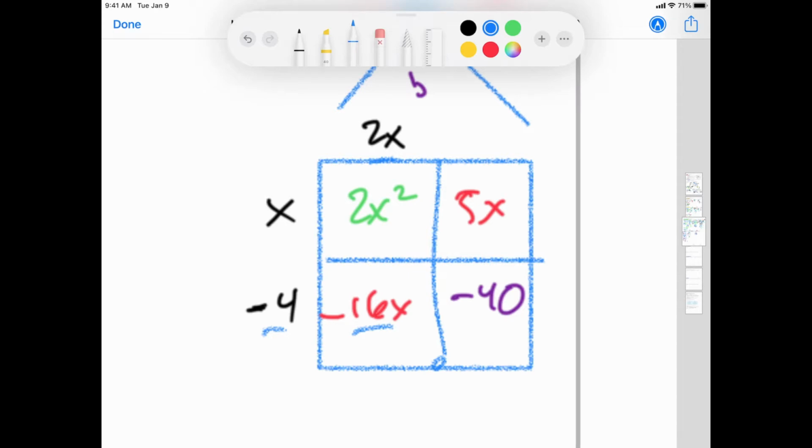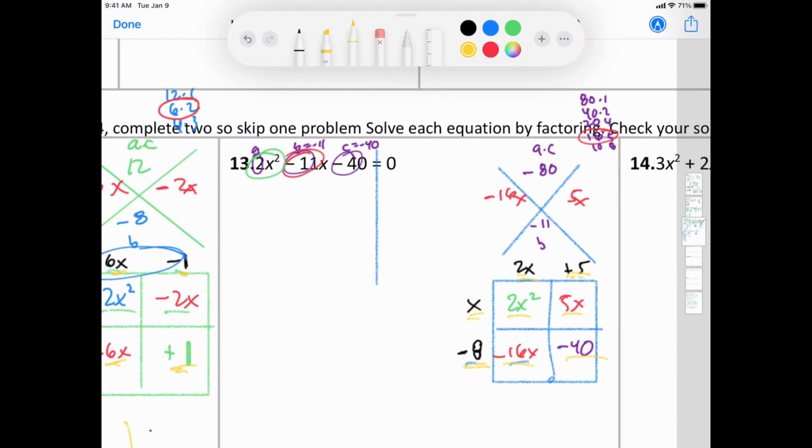Does that make sense? So this is a greatest common factor of negative 8. That makes sense. And this one will be a positive 5. So let's multiply x times 2x, 2x squared. x times 5 is 5x. Negative 8 times 2x, negative 16x. Negative 8 times 5, negative 40. Done.